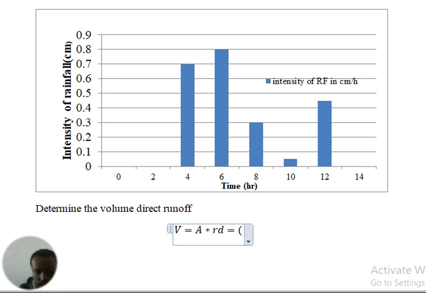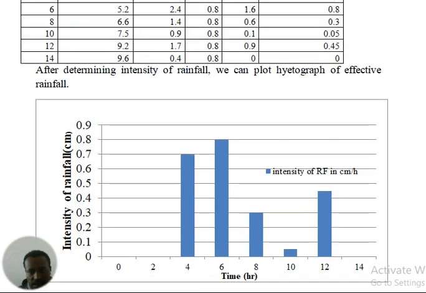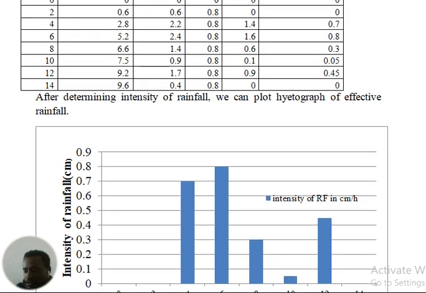That means the rainfall depths are 1.4, 1.6, 0.6, 0.1 and 0.9. By summing up these values we can take the total rainfall depth, or the volume can be estimated by using intensity times change in t times area. So you can take this value or this column.